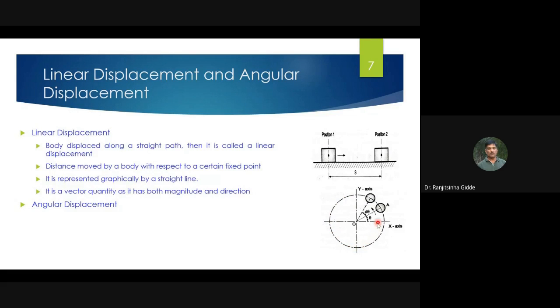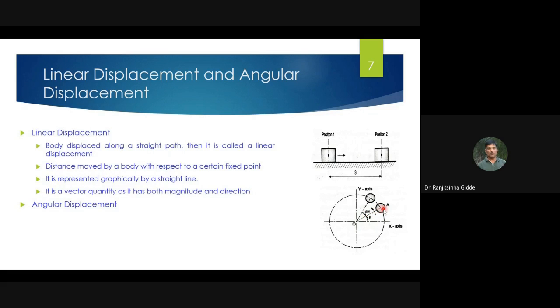Initially, it is inclined to this x-axis with angle theta, and from this inclination it will have a small displacement d theta in a particular time, that is dt.